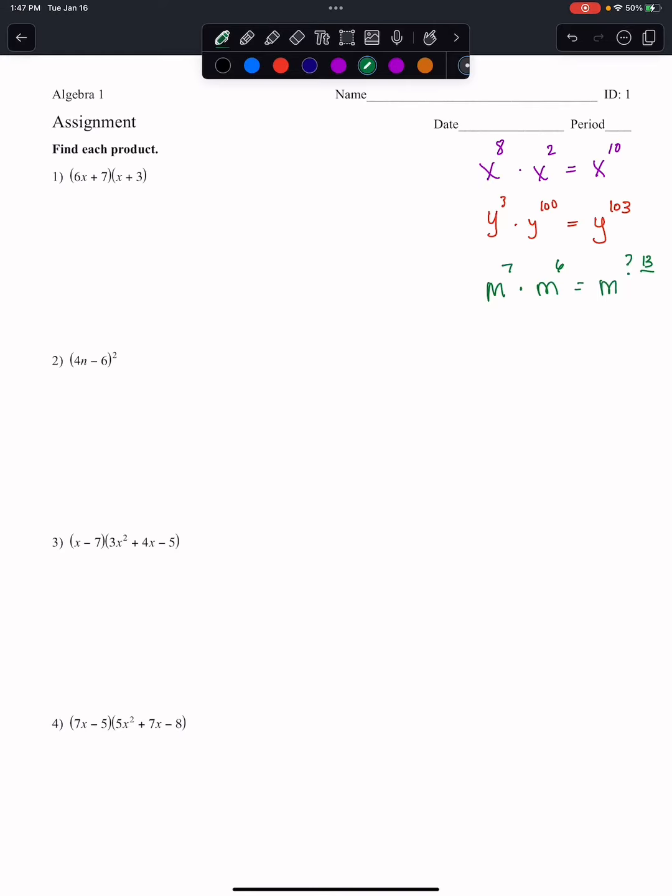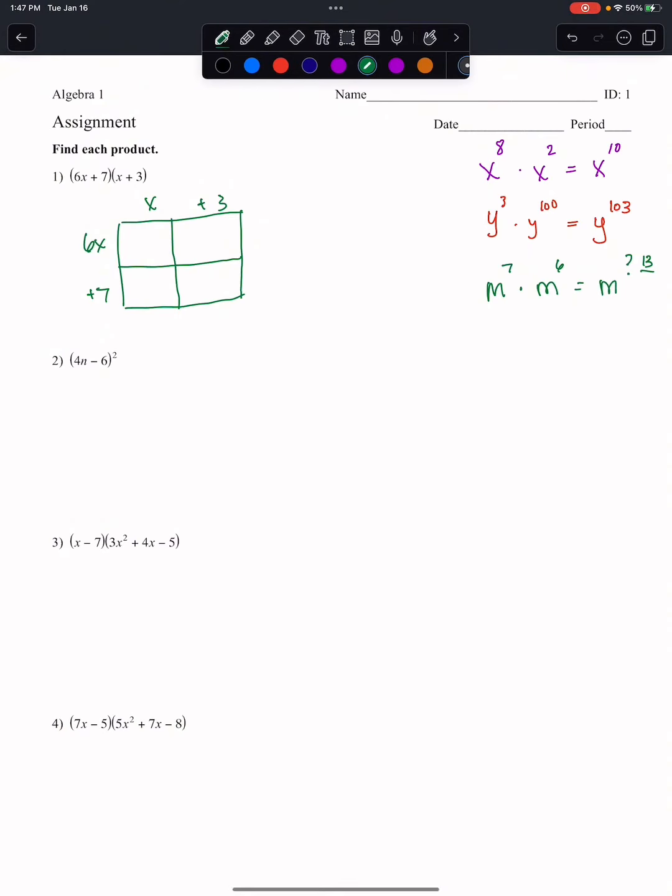All right, so with that being said, let's hop over here and multiply these binomials. And then we got 6x, we got the positive 7, and we got the x, and you got the positive 3. So you might say, Hamilton, why are you giving us those rules?